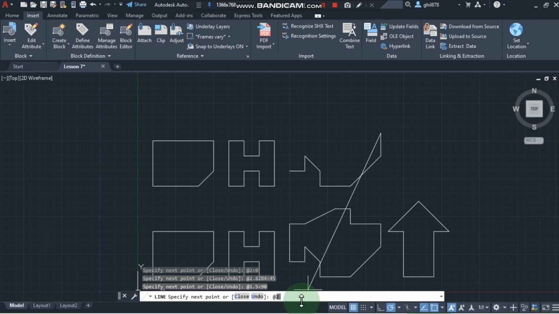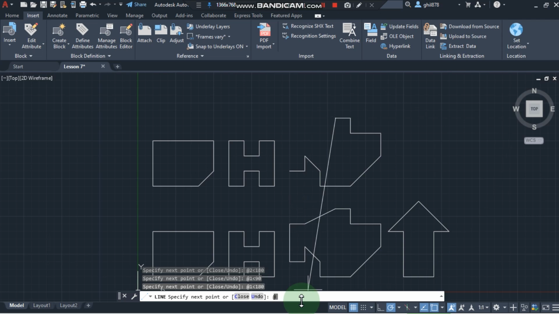At 2, angle of 180 degrees. Then going up a distance of 1, so at 1, angle of 90 degrees. And we have at 1, angle of 180 degrees.